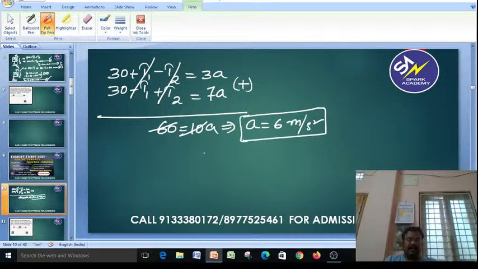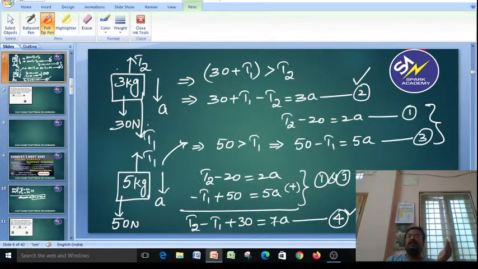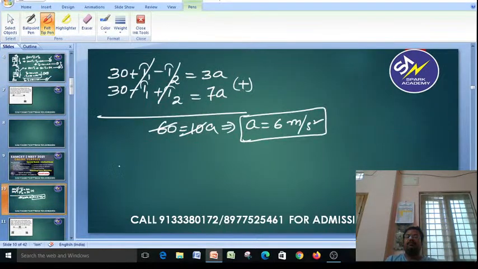When you have the acceleration, let us take another equation. Use the first equation here: T2 minus 20 is equal to 2A. Let us substitute the acceleration A in this.